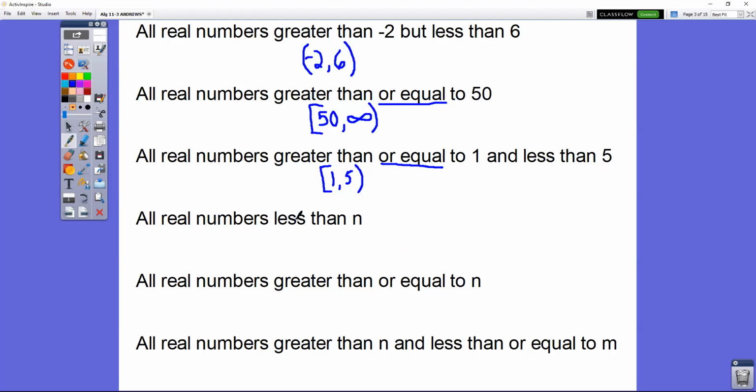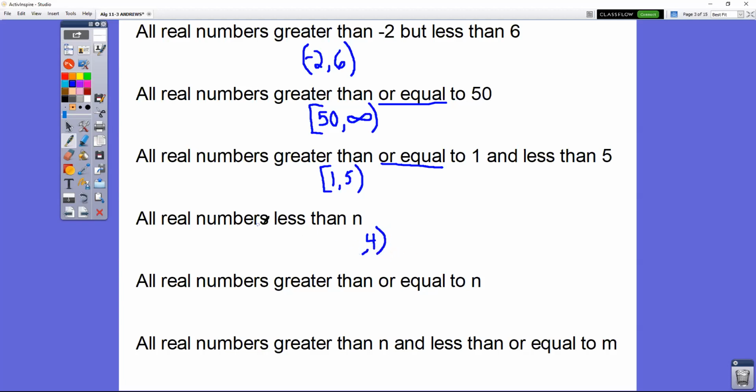All real numbers less than n. Now, this gets a little bit confusing because they don't give you a number. They just give you n. Well, you can sub in any number in your mind. If I wanted to say all real numbers less than 4, I want all the numbers that are less than 4. So 4 is going to be the highest that it's going to be, just like n is. It doesn't say "or equal to," so it's going to be a round parenthesis.